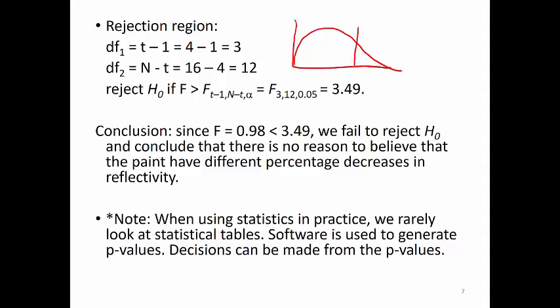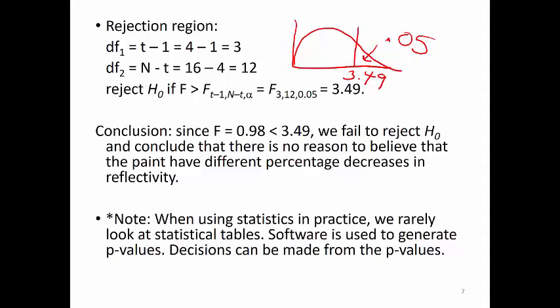You would figure out a value of the F distribution where this area here is 0.05, or whatever your alpha level is for the cutoff. And then if your F statistic is beyond that cutoff, which for this particular case was 3.49, then you would reject the null hypothesis. So since our F statistic was 0.98, which is less than that cutoff, we're saying it's not extreme enough. It doesn't seem like there's a difference across the groups.